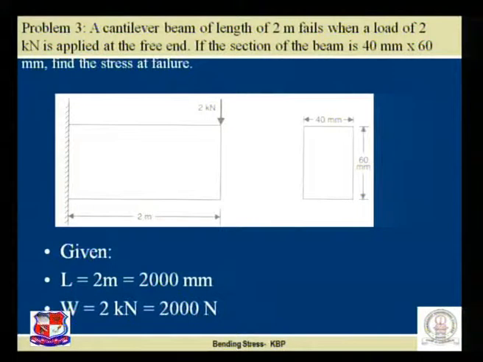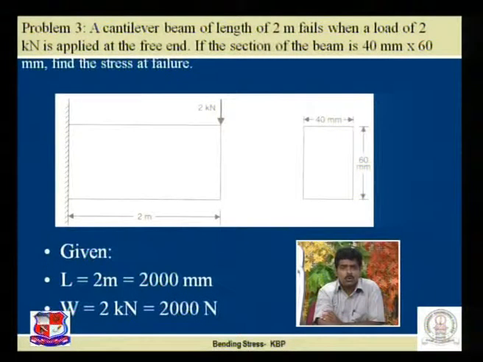A cantilever beam is given to us, subjected to a point load of 2 kilonewton at the tip, at the free end. The length of the beam is given as 2 meter. The cross-sectional dimensions are also given as 40 mm by 60 mm. The intention is to find the stress at failure.